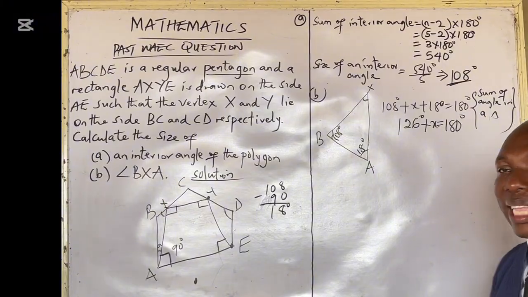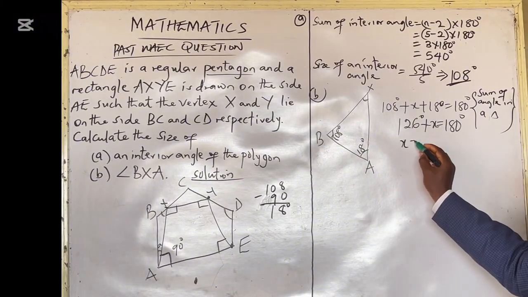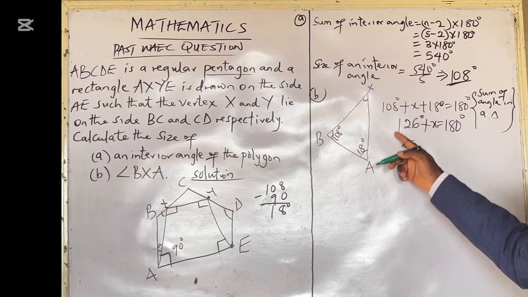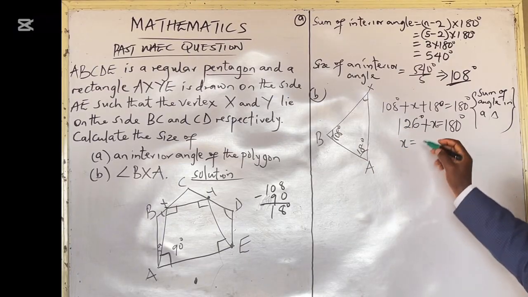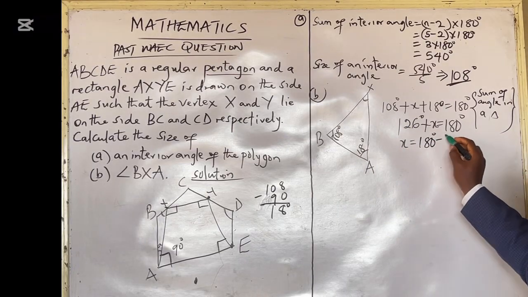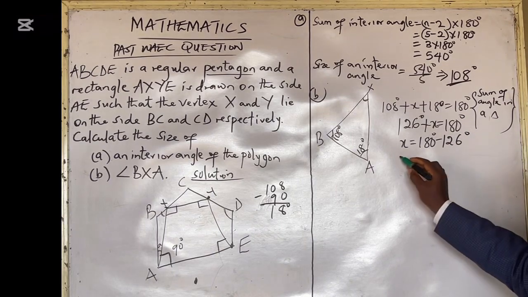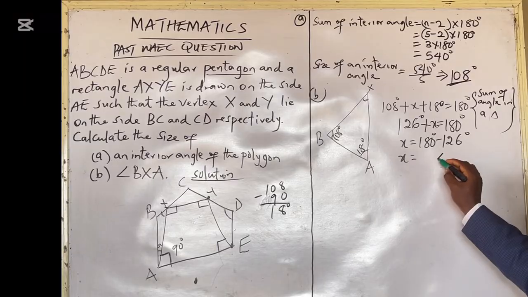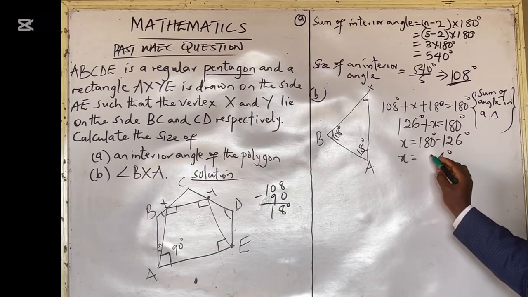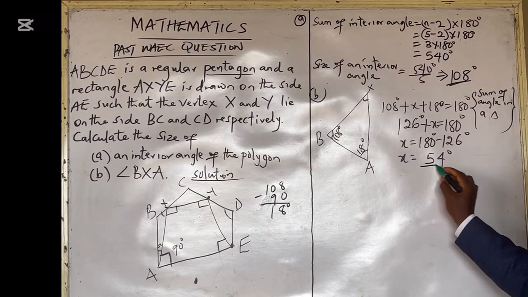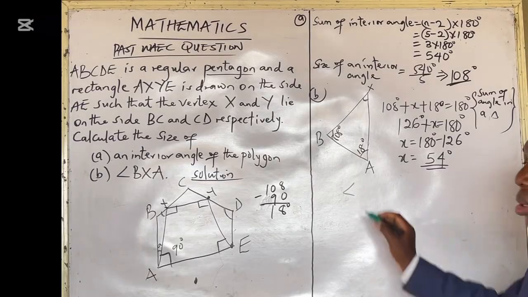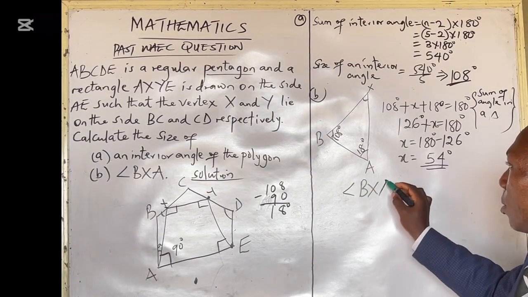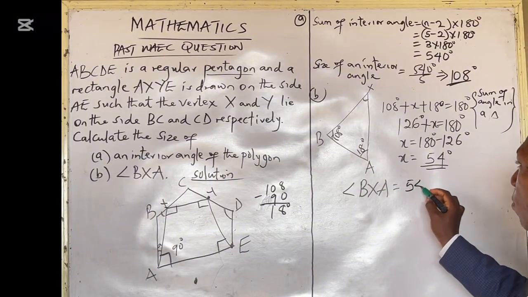So x is equal to 180 minus 126, when we take 126 to the other side, plus becomes minus. That gives 54 degrees. So angle BXA, which they asked us to calculate, is equal to 54 degrees.